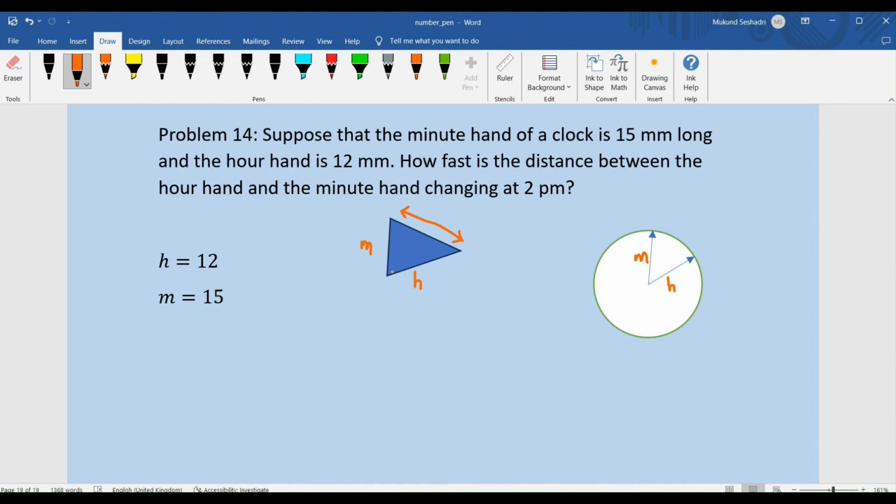H and M are constant, but we have the distance, let's call it, say, X, which keeps changing.